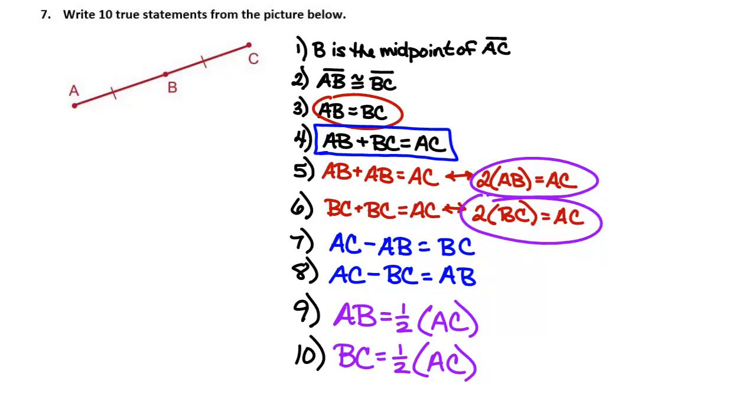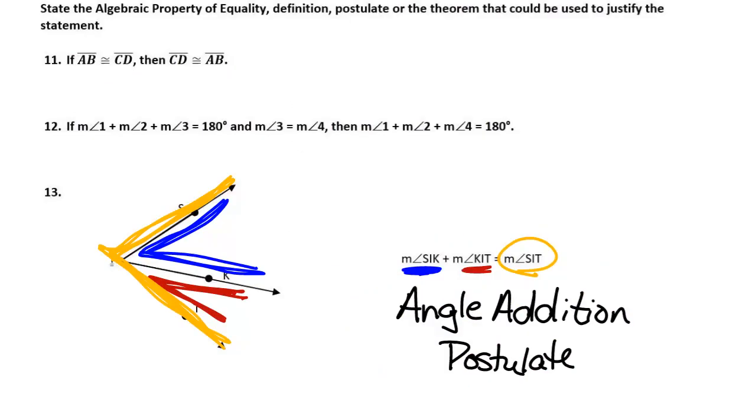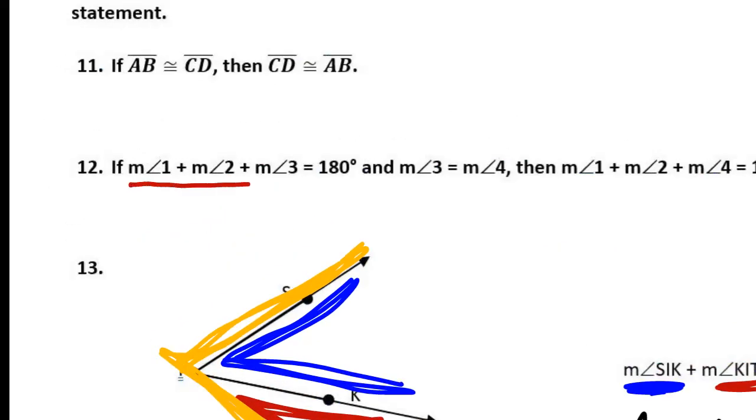Number 12, and which one? So 12 and 23. Let's go do 12 first because that's on the way to 23. Okay, so number 12, I start off with this idea right here. The measurement of the angles 1, 2, and 3, when I add them together, equals 180.